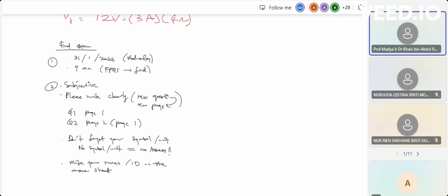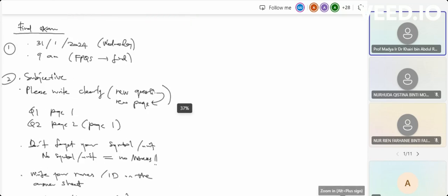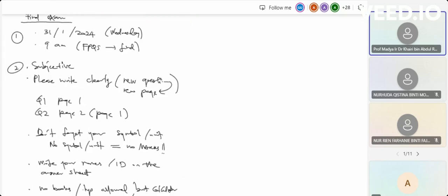Also, no books or notes allowed, but calculators are. I don't want anyone to get caught cheating or anything like that, because you will get a straight fail for your marks or for your grade.